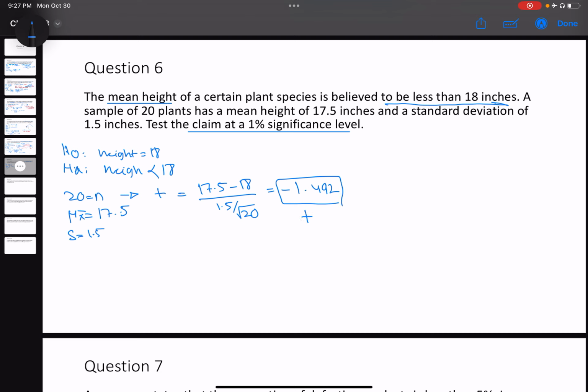So if you go to the table again and get the t-critical at df equals 20 minus 1, 19. Alpha significance at 1%.